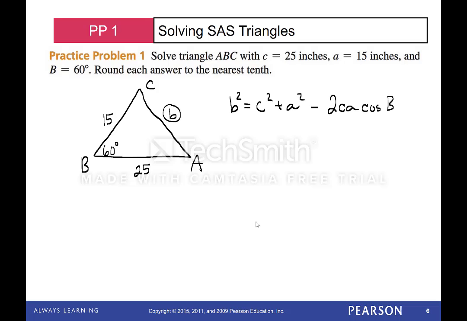All right, and two ways you can do it. You can move the formula around whichever way you want, or you can just plug in values and keep on going here. I'd rather just plug in the values. So C is 25 squared. I plug in the 15 squared, and then I go 2 times 25 and 15. And then cosine of what I know, cosine of 60 degrees.